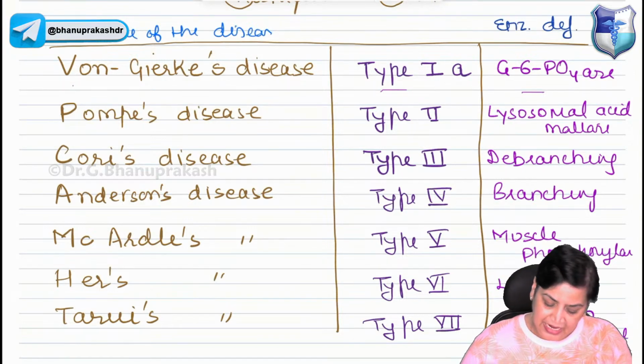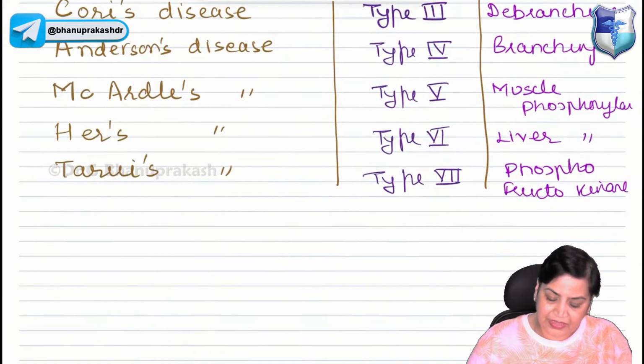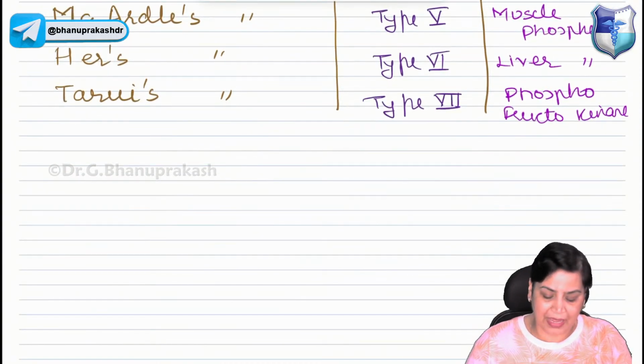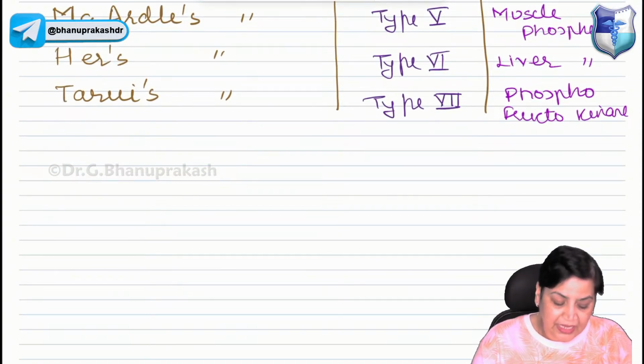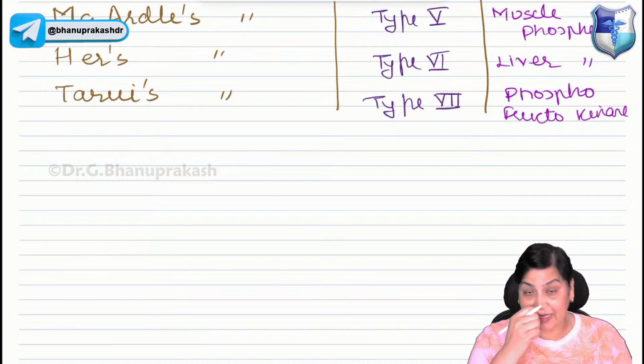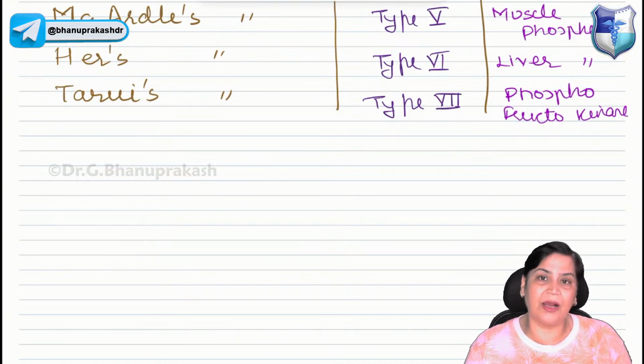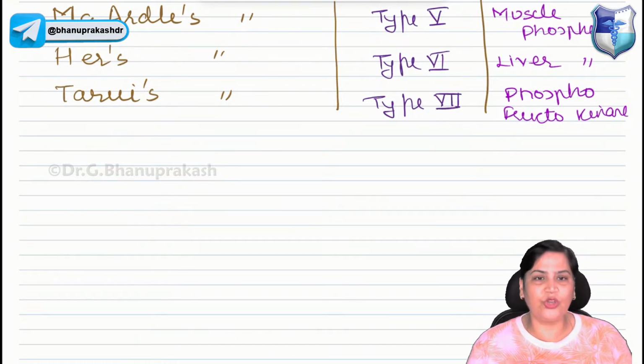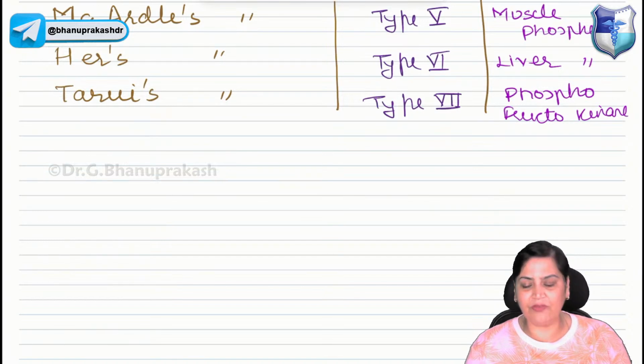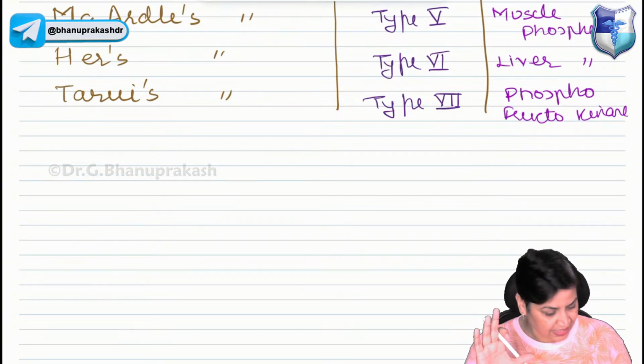Clear? Now let's start with these diseases one by one. Because the most important thing, beta, is clinical features. Right now you have not become doctors, but if you go as a patient to any doctor, he will examine you and tell you to come up with certain tests.